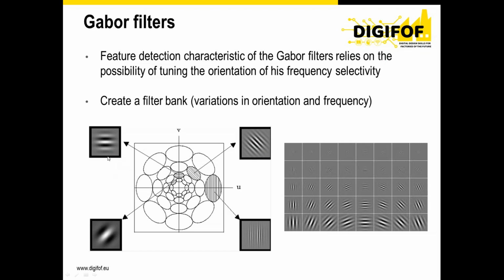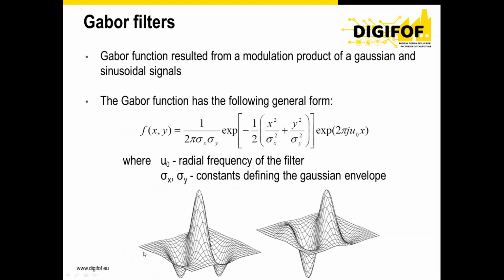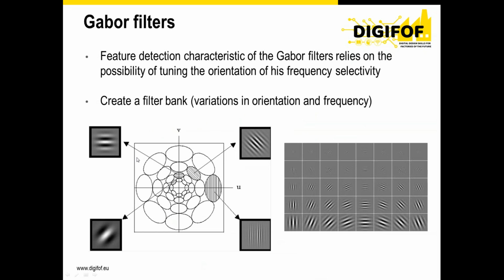For instance, the medium gray level means zero level, because we have positive and negative values, and white ones mean positive values and black ones mean negative values. So we are making a convolution between one of the filters and the sub-image that we have cut from the original texture image.